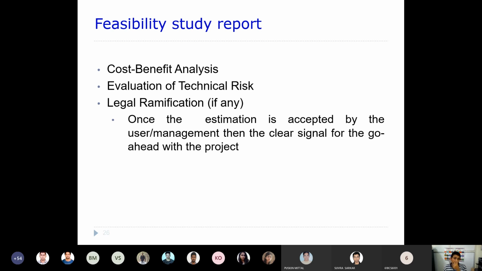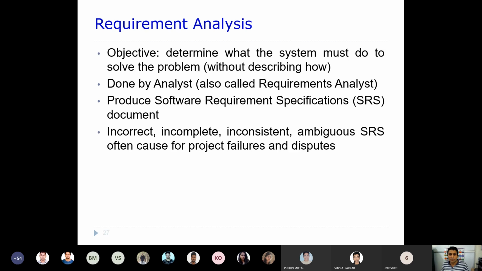If they do not accept, this is a legal issue. If they have not accepted and you started developing, at a later point of time they can always say that they are not going to accept your project because the cost has increased. Then it's a problem, and the software will fail. So you need to ensure that also.